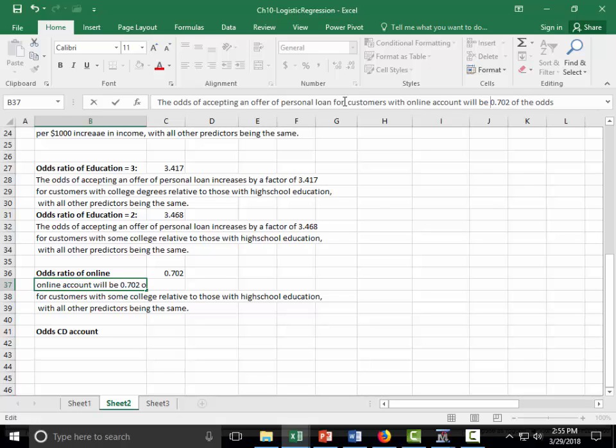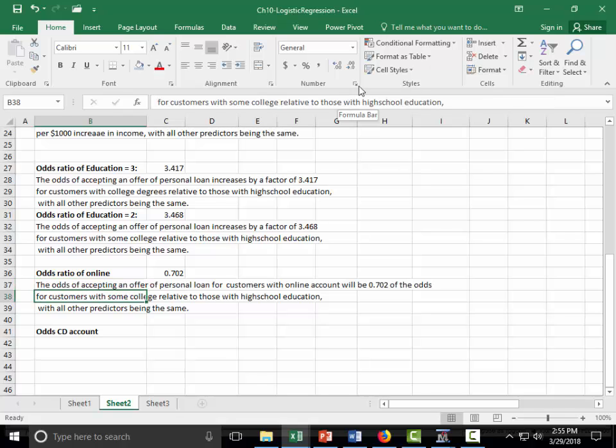So it will be 0.702, or only 70%, of the odds for customers without an online account, with all other variables remaining the same.